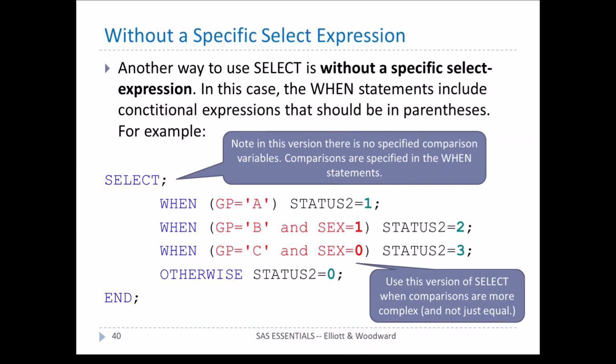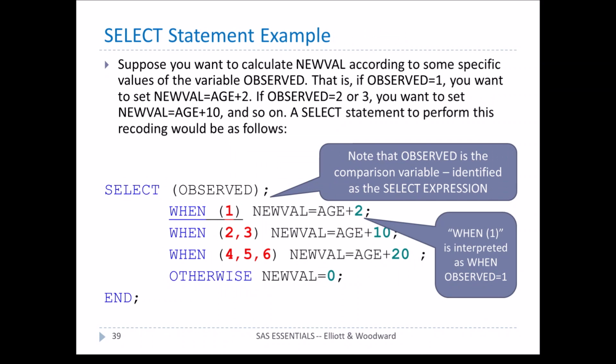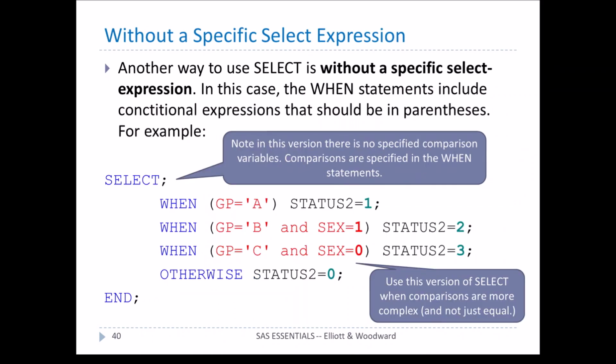Now, there's another way to use SELECT, and that is instead of using that default SELECT, let me go back just a second. So SELECT observed. Notice this new one doesn't have the variable listed there. Instead, in the WHEN statements, we have a specific expression. When group is equal to A, then create a new variable called status2 equal to 1.